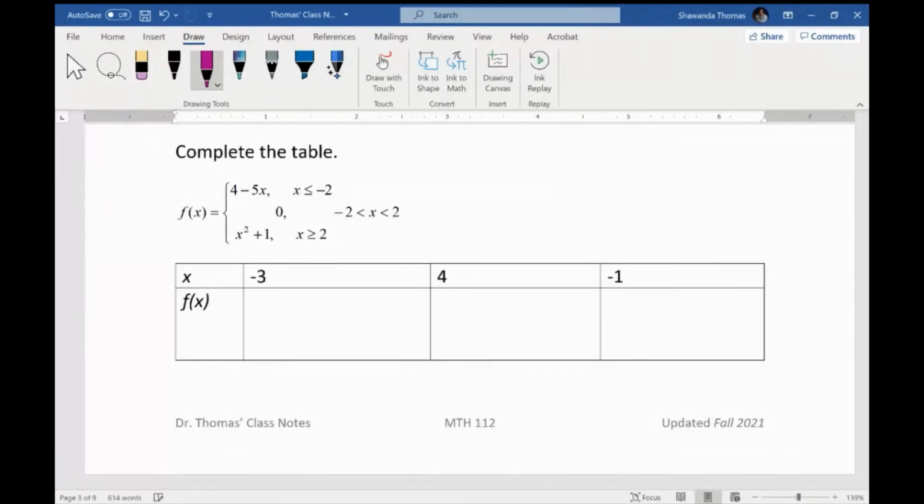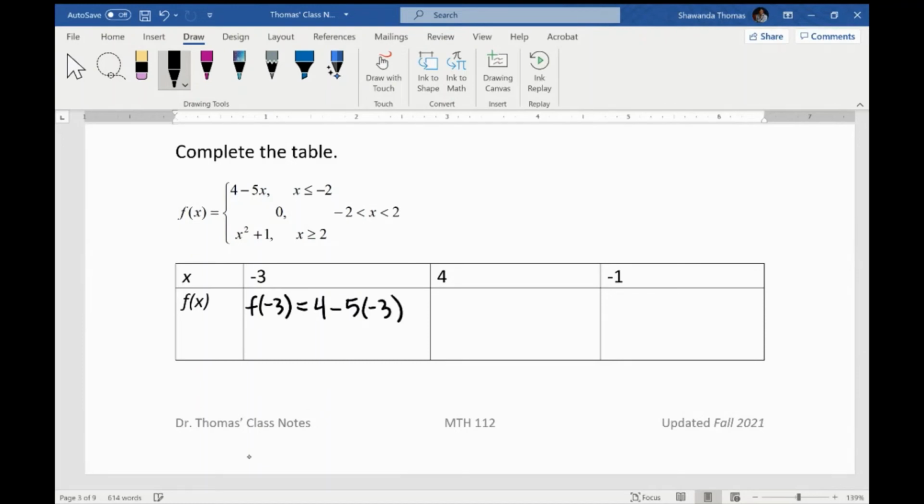All right, so let's put here f of -3 equals, tell me what to write on the right side. Anybody? 4 minus 5x. All right, but instead of an x, where are we going to put? You're going to plug in a -3. There. Very nice.